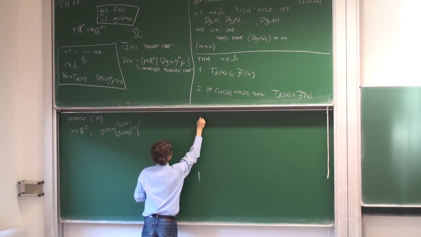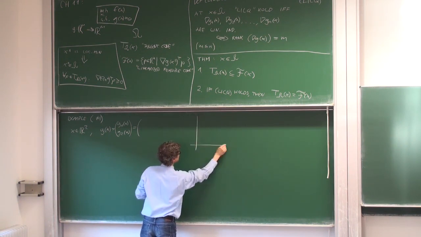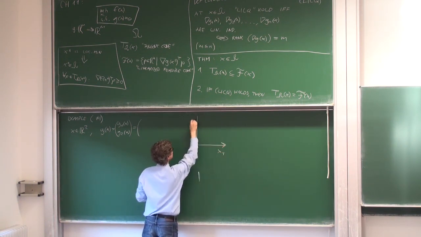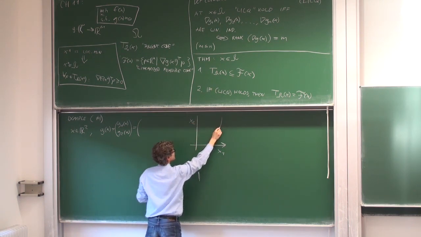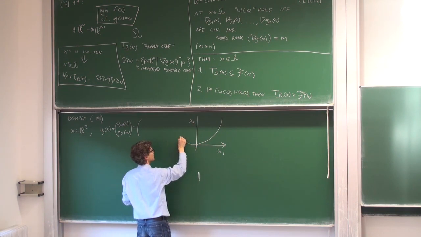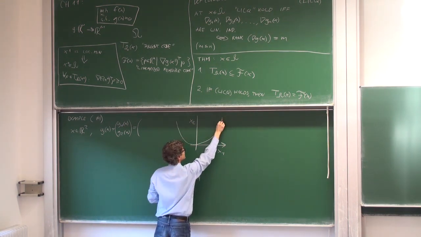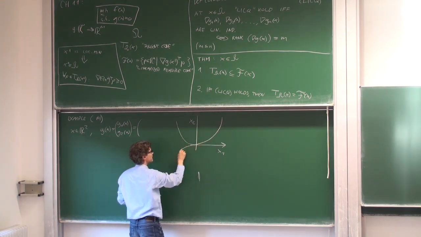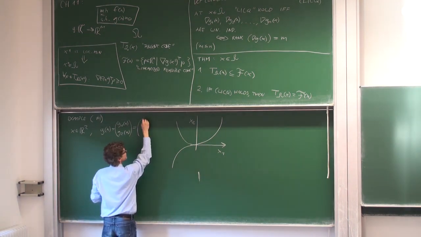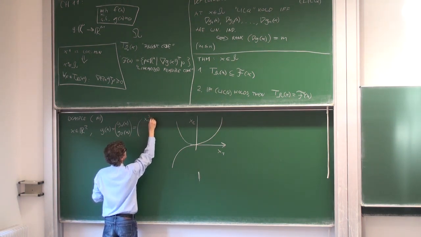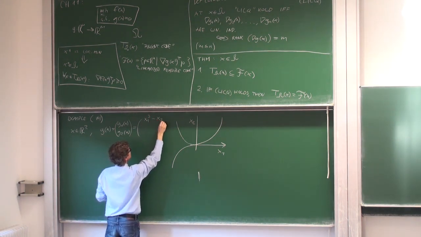I will illustrate it at the same time, makes it easier. Here we have x1, here we have x2. And I want to have one constraint that describes this set, and the other constraint will describe this set. And I will do that by saying that I have here x1 to the power of 3 minus x2.